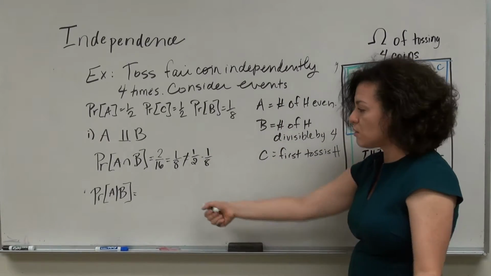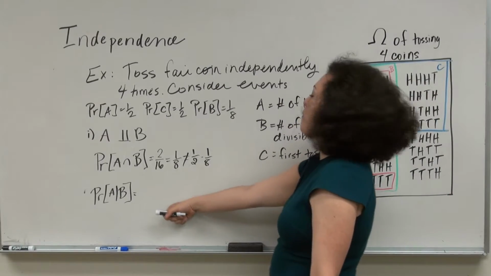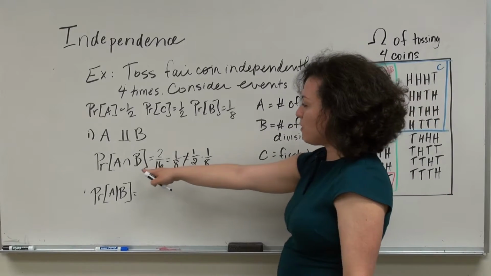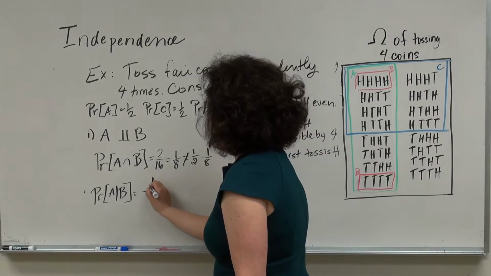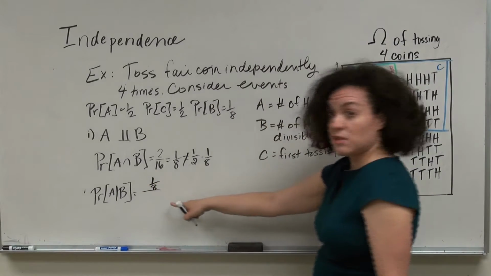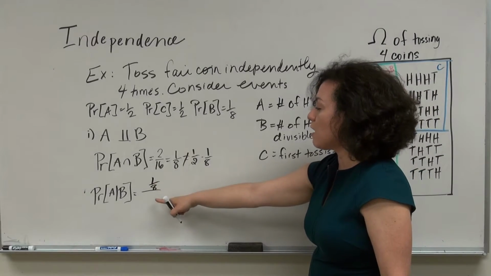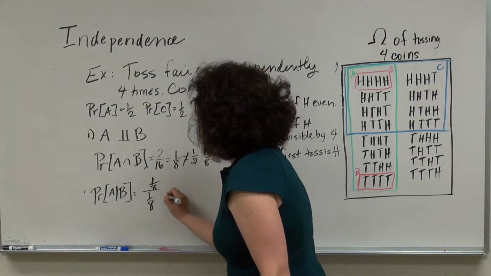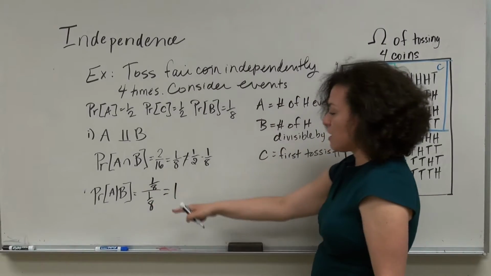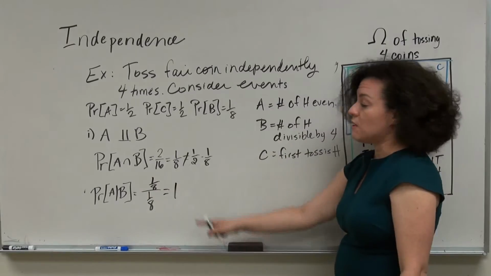But now let's also look at the definition of conditional probability. We saw the probability of A and B by looking at the sample space. We know that's 1/8. Then we divide the probability of A and B by the probability of B, which we know is 1/8. So this tells us the probability of A given B is equal to 1.